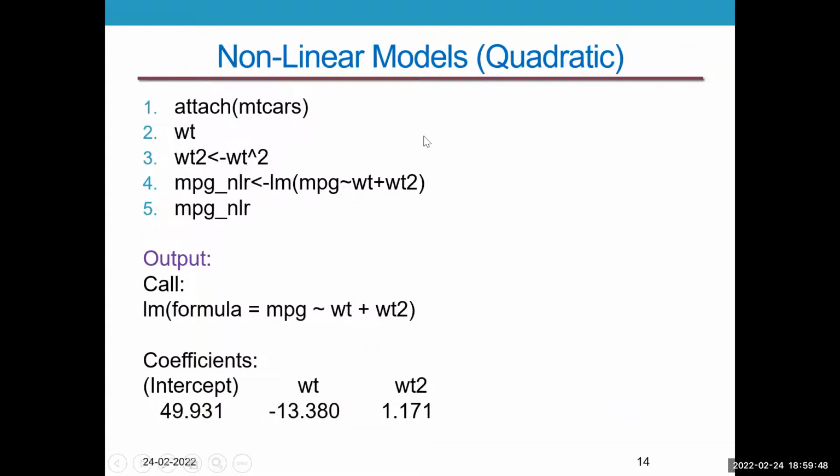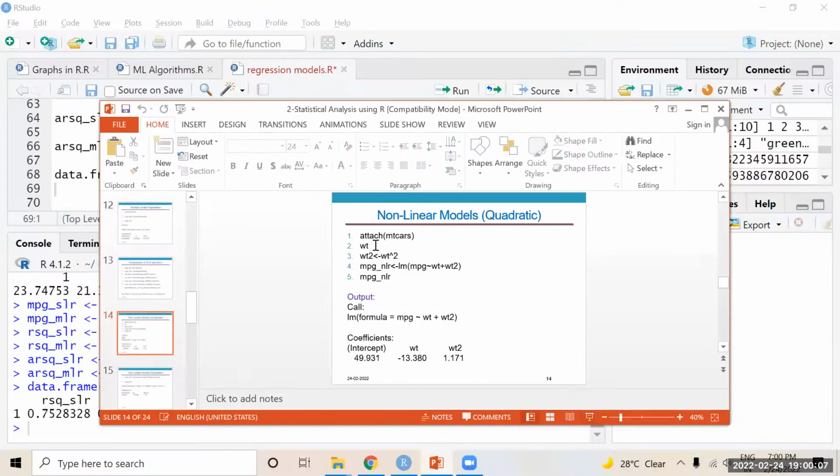Now nonlinear regression is in the form of y equal to W0 plus W1 x power 1 plus W2 x square, W3 x cube, and so on up to Wn x power n. Exponentiation will be there in a nonlinear model. So how can we execute a nonlinear model? Okay.